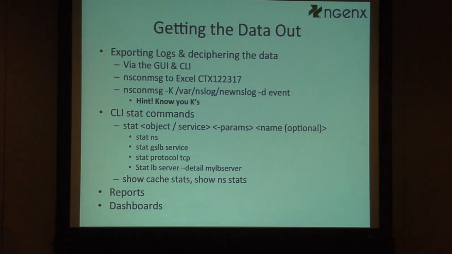Stat NS will give you a brief overview summary of the Netscaler status, its CPU, disk, everything. These are the commands that are used under the sheets, if you will, behind the GUI at the command line.